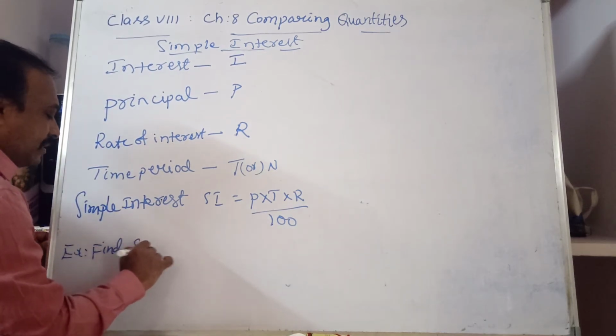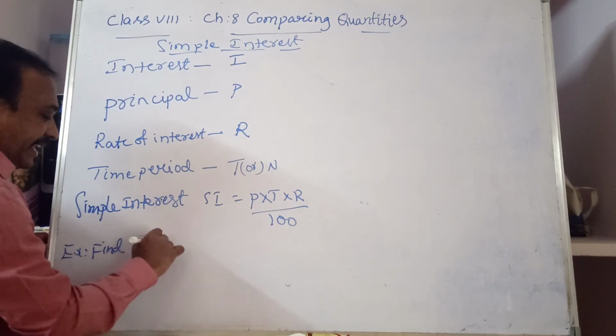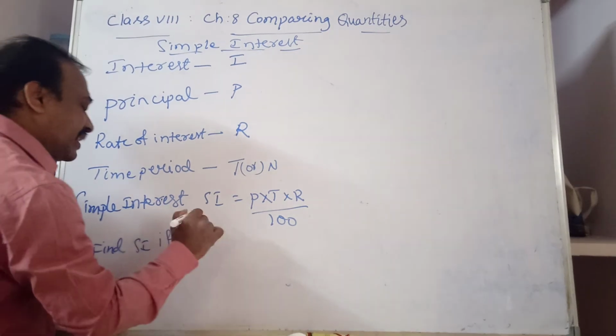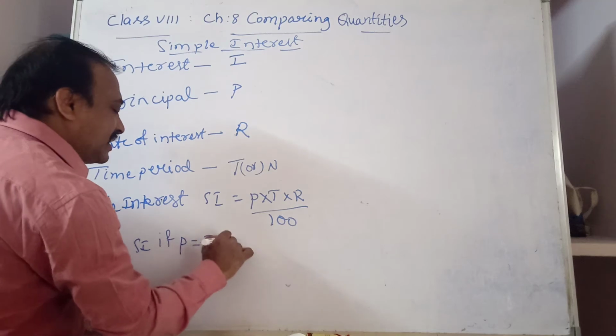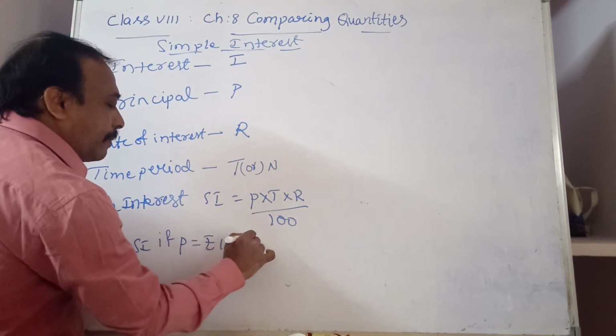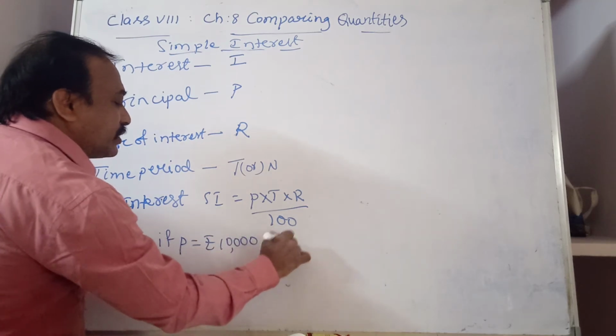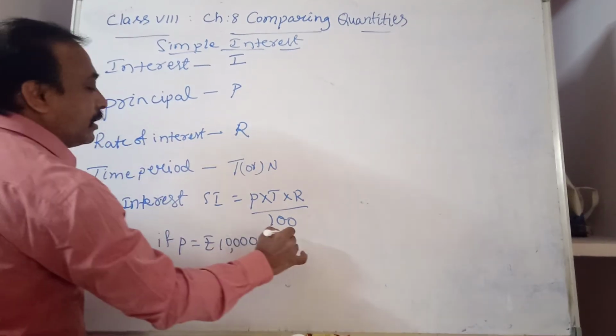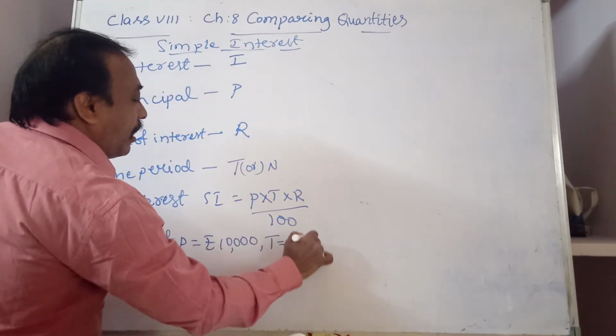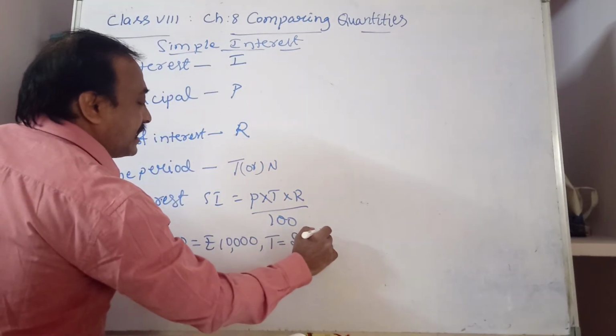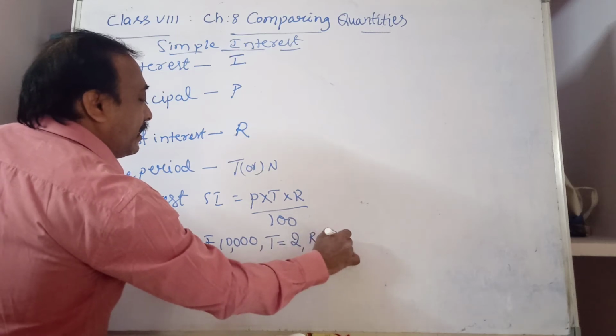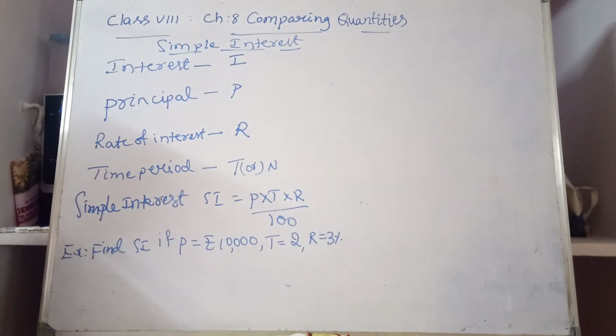Find simple interest SI if P is equal to rupees 10,000, T, the time period, is 2 years, and R, the rate of interest, is 3%.